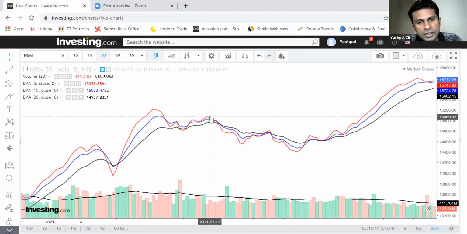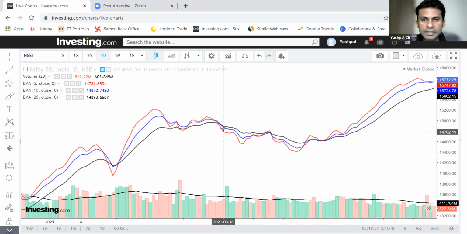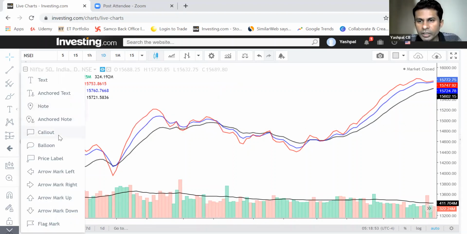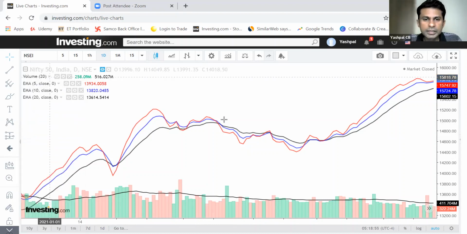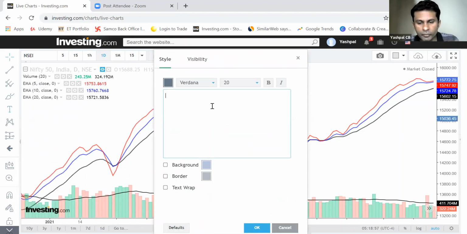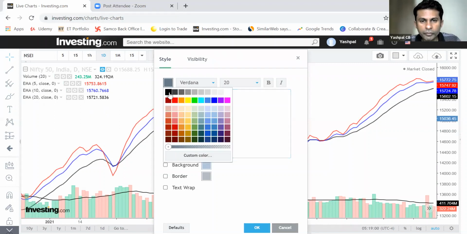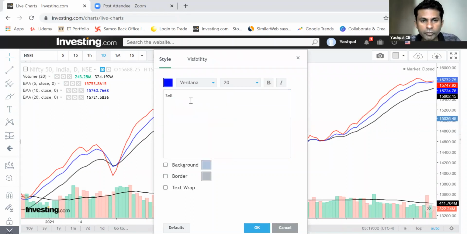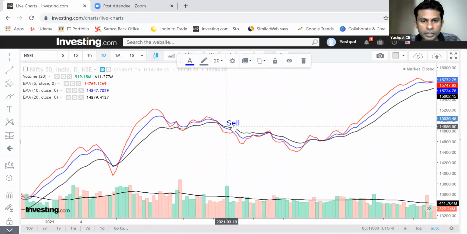Now 5 is crossing below 10 and 20, blue and black. So it is actually a sell signal. Here it has given a sell signal.